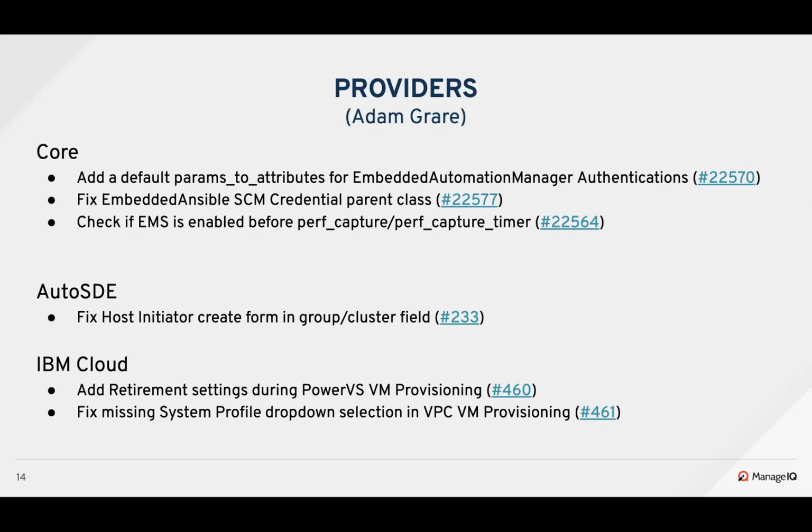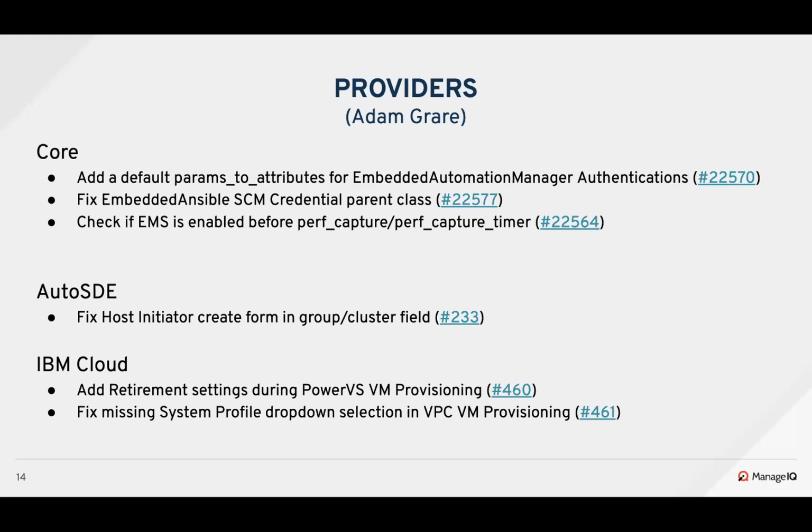Thanks, Jeffrey. So for core this sprint, we added a default set of params to attributes for all embedded automation manager authentications. Previously, each class had to define this, otherwise they weren't able to save credentials from the API or the UI at all, when it was pretty simple to just go through the set of defined DDF parameters to figure out which column should be allowed to be set.